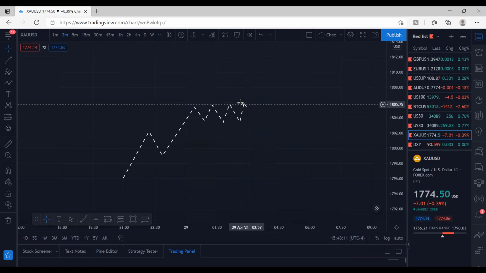The reason being is that there is liquidity being formed above here and liquidity being formed below here. So quite often you will have traders that are waiting for price to break out to the upside, like that.